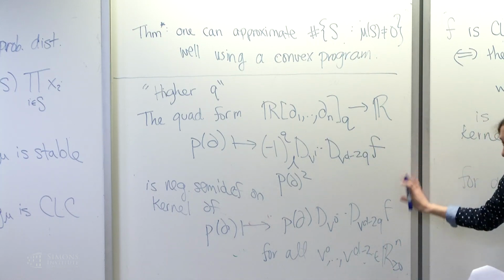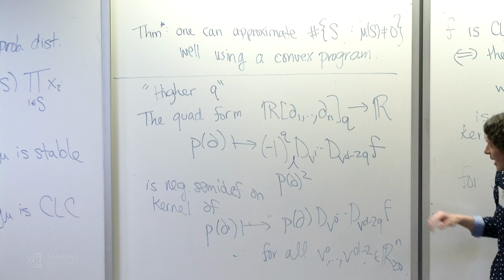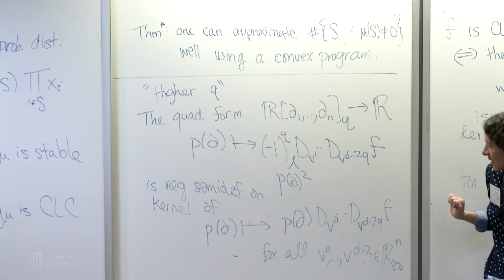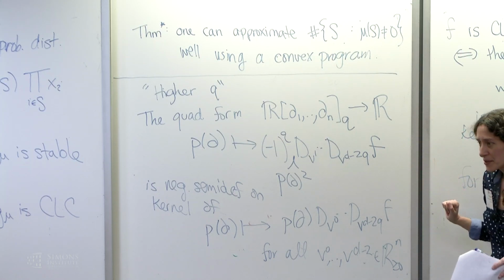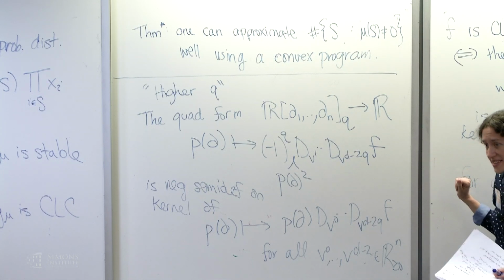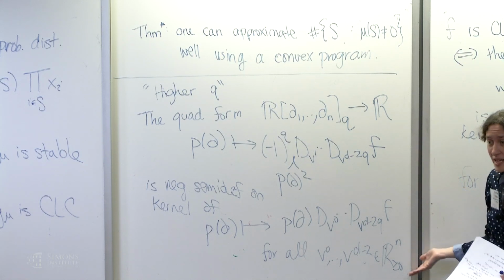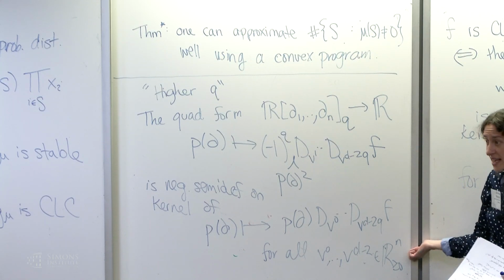I hope this is an adequate translation of the higher degree ones. And as far as I know, this class of polynomials satisfying this is not understood. I don't think it's even known if stable polynomials fall in to satisfy this.